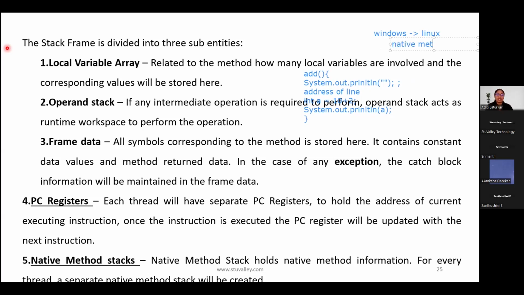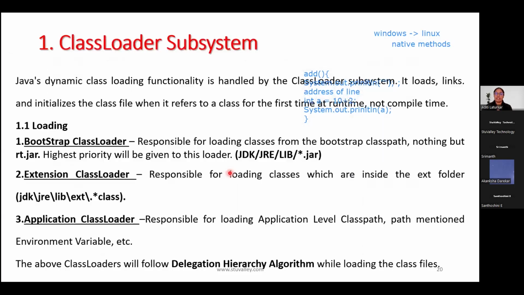That means you are writing some methods which are nothing but platform dependent methods. Those are known as native methods. And whenever you want to execute these native methods, the memory gets allocated here in the native method stacks. Clear? So this is all 5 parts of your second, runtime data areas.